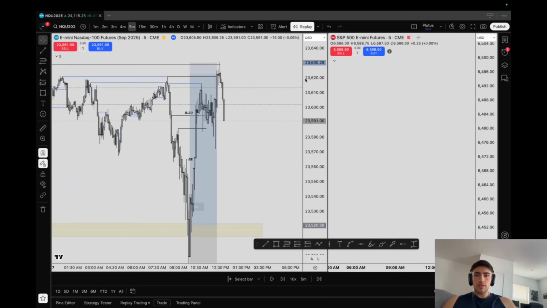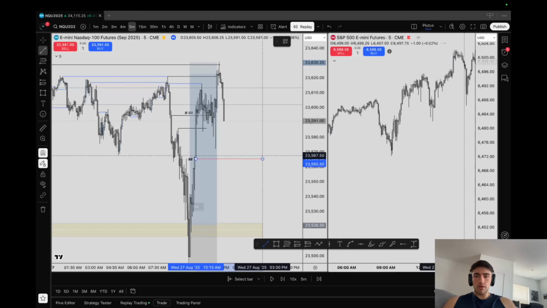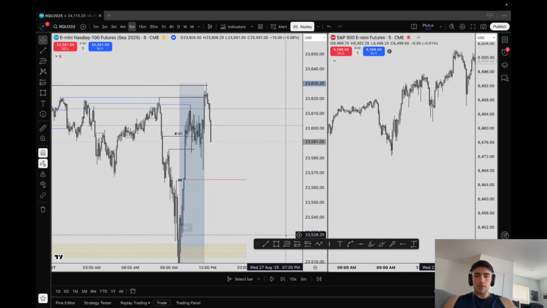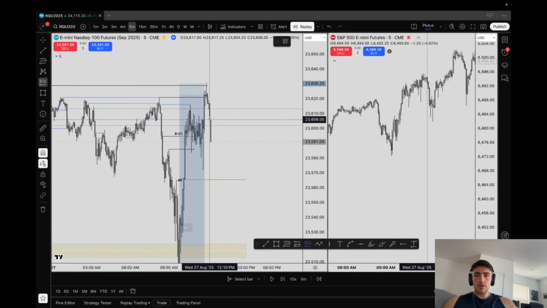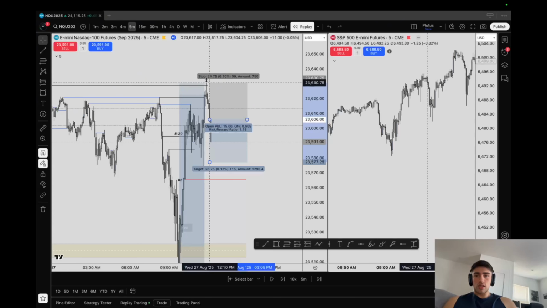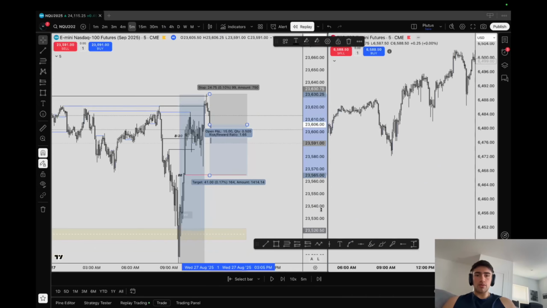If you look at this, there's a 5-minute IFEG targeting this 15-minute unfilled and this 5-minute unfilled down here, right? So this could be another short entry right here. Again, this is shifting away a little bit, but just to show you guys the key levels, right?